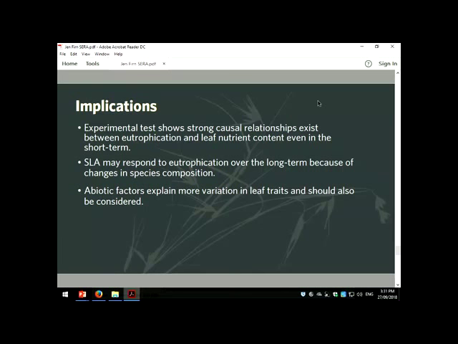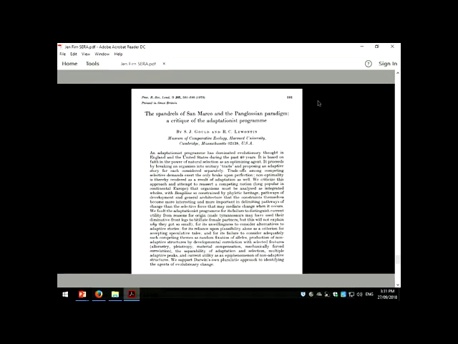We also found that abiotic conditions play a lot in our differences, even in one biome, the grassland biome. And I'm going to go out on a limb here and potentially suggest, as my time is almost up, that perhaps some of the research that's been going on in leaf traits, but also potentially plant traits, could be compared to a phenomenon that occurred for 40 years from the 70s in evolution called the adaptationist program, where there was a lot of criticism from scientists in different parts of the world, evolutionary biologists who were explaining small changes, finding adaptive characteristics to small changes in organisms.